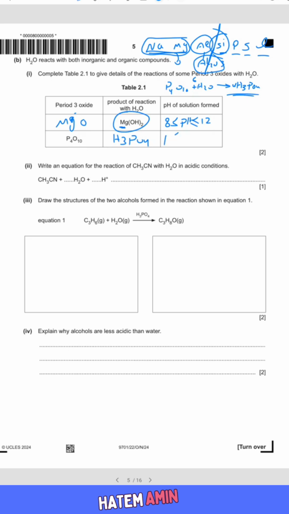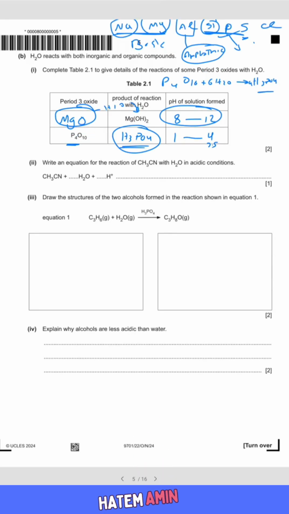Its pH is between 1 and 3.5 or 4. This is pH. So the correct answers here: this is MgO, and the reaction of phosphorus oxide with water gives us H3PO4 as an acid.